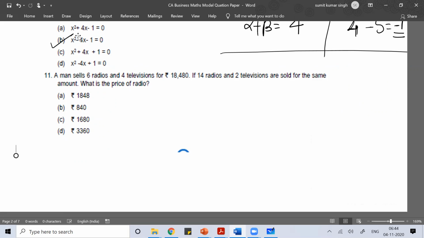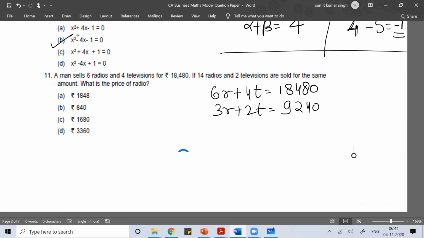Question number 11. A man sells 6 radios and 4 televisions for 18,480. So I can write 3R plus 2T, dividing by 2, is 9240.